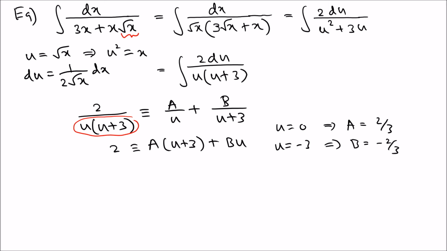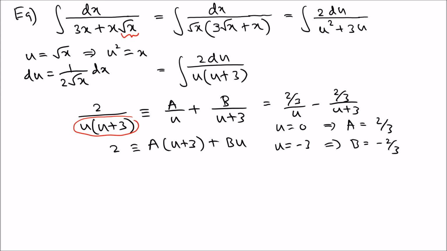So you get A and B like that. Very simple. So you can plug them back in: 2/3 over u minus 2/3 over u plus 3. That means you can integrate them separately now because you have the partial fractions.